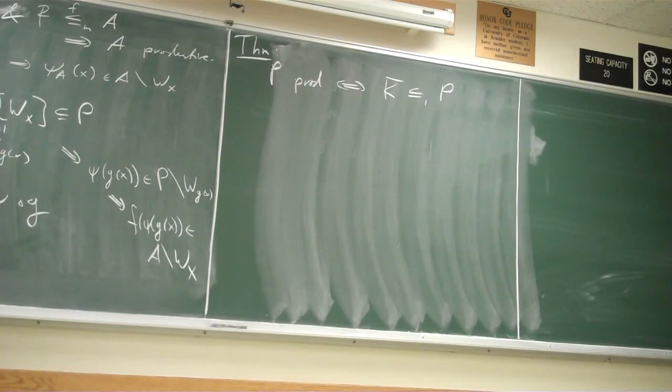The right to left is of course the theorem we just proved. K bar is productive. If it 1-reduces, then it many-one reduces, therefore P is productive.